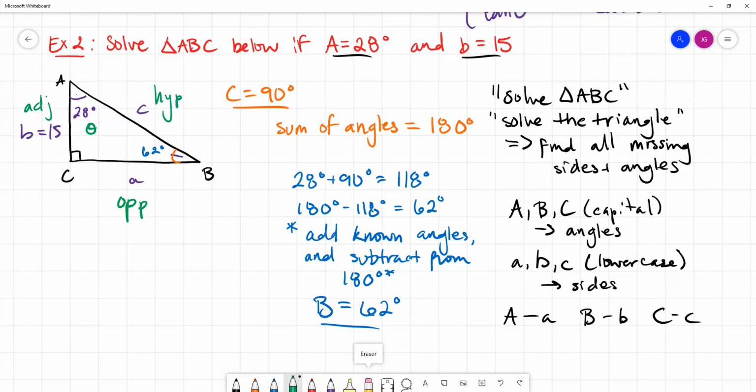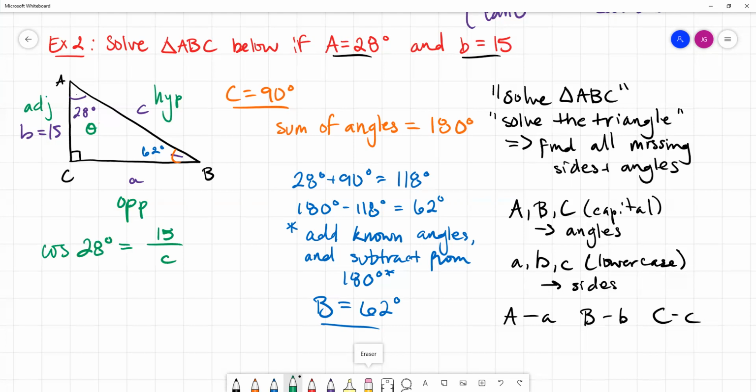So if I want to find C, well, then I know my adjacent side, and I want to find my hypotenuse. So I need to find a trig function that involves the adjacent and the hypotenuse. Well, that happens to be cosine, like in the previous example. So cosine of 28 degrees is equal to my adjacent side, 15, divided by C. Here I need to do a little bit more algebra.